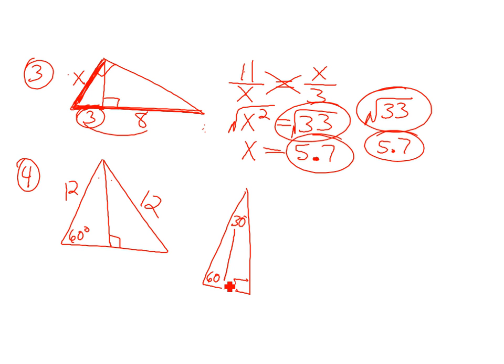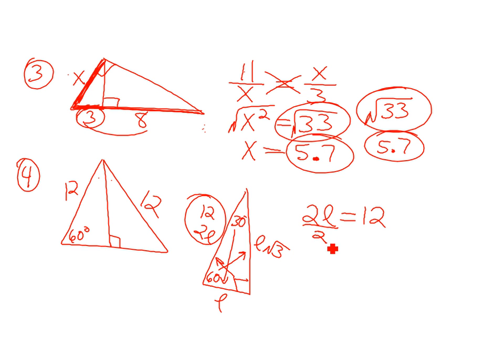In this triangle, side across from the 30-degree angle, we label L. Side across from the 60-degree angle, L times square root of 3. Side across from the right angle is 2L. Well, we know that 2L equals 12, not 11. Divide by 2. L equals 6.